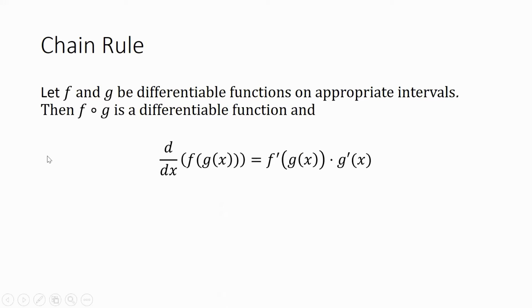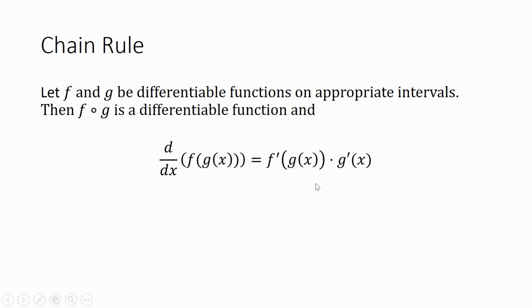So here's what the chain rule says. Let f and g be differentiable functions on appropriate intervals. Then f composed with g is a differentiable function, and the way you can find the derivative with respect to x of the composition of f and g is by taking the derivative of f composed with g, multiplied times the derivative of g.